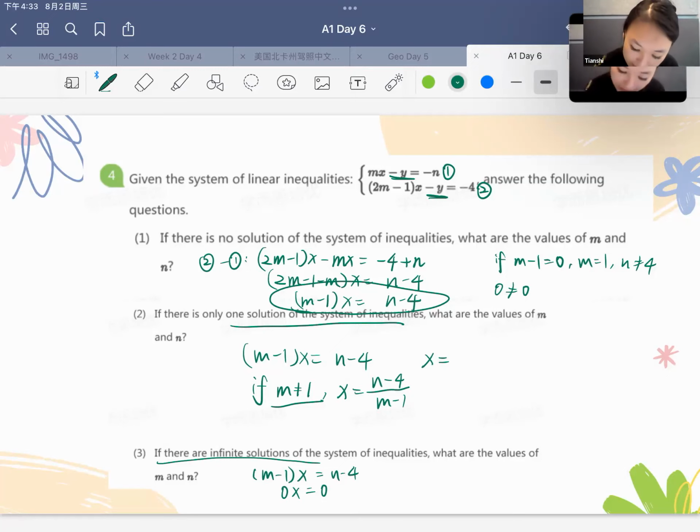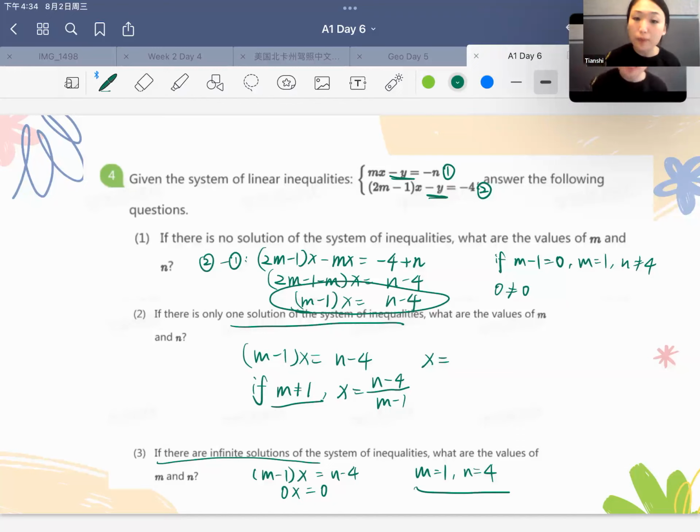So in that case, m minus 1 equals 0, so m equals 1. And n minus 4 equals 0, so n equals 4. So if m equals 1 and n equals 4, the equation will always hold. So there will be infinite solutions. So this will be the answer for the third question.